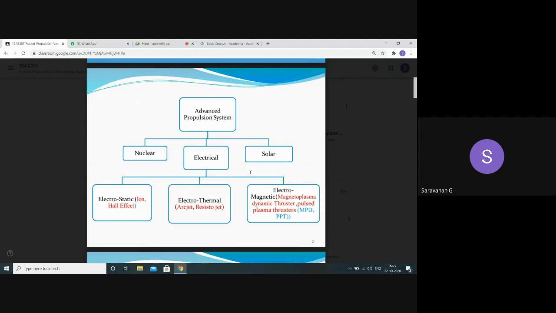If you are using electricity along with a thermal energy source, then we can get a propulsive force or thrust, hence it is termed electrothermal propulsion. The last one uses electricity as well as the magnetic field principle, hence it is termed electromagnetic propulsion systems.